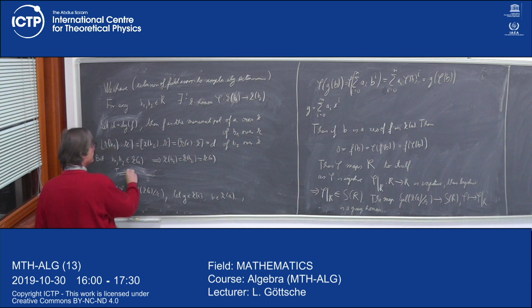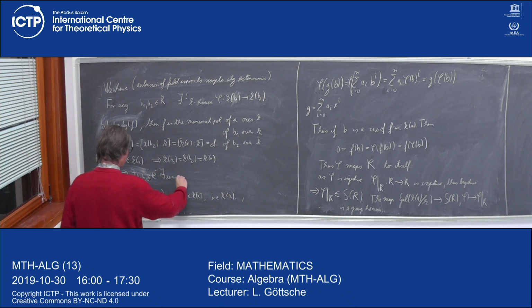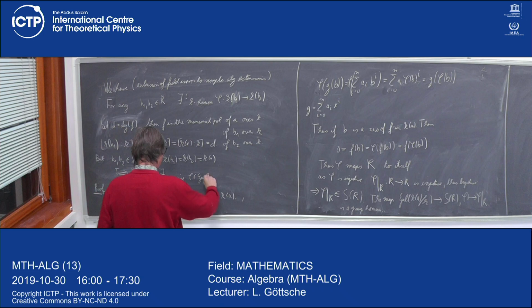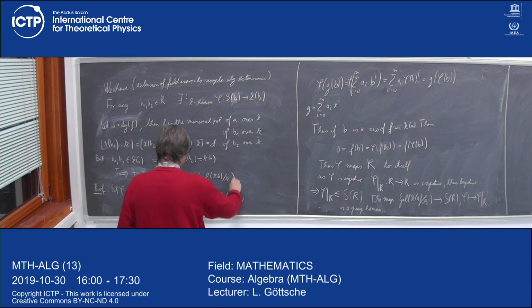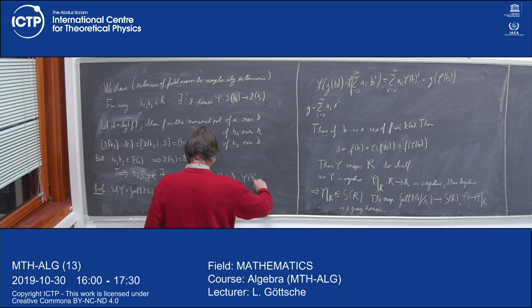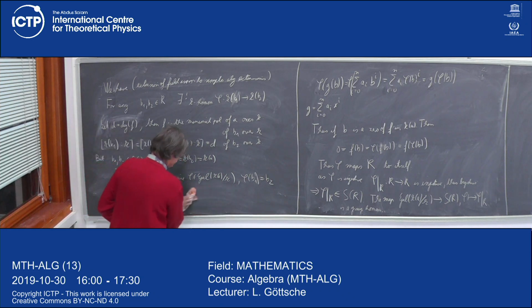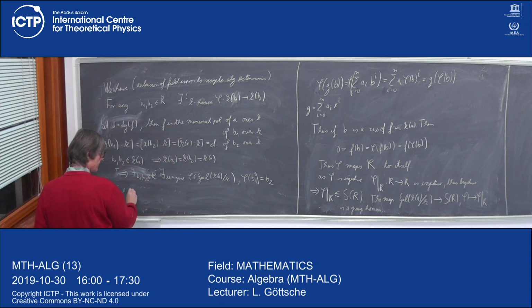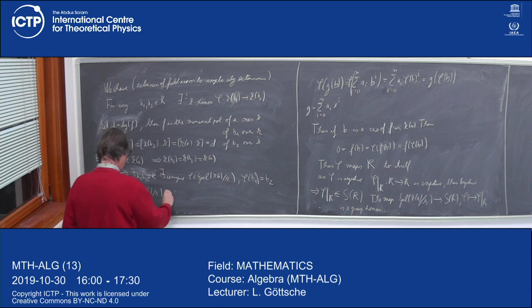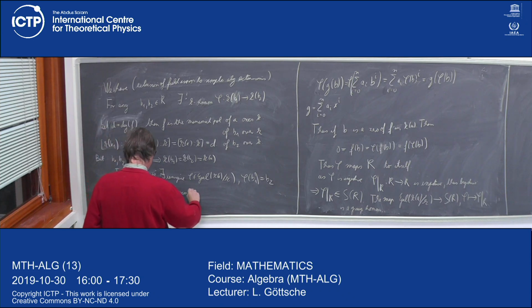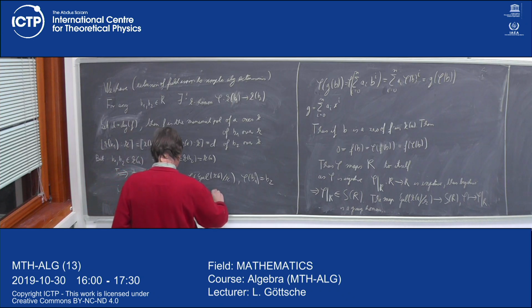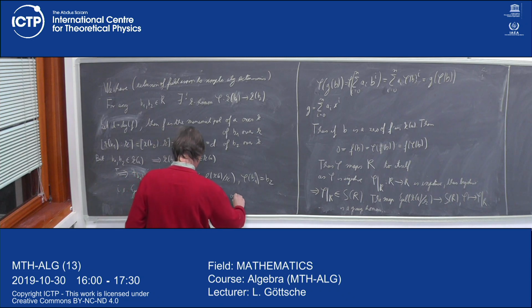So it follows that for all b1, b2 in R, there exists a unique phi in the Galois group of K(a) over K such that phi of b1 is equal to b2, which means the Galois group of K(a) over K acts simply transitively on R.